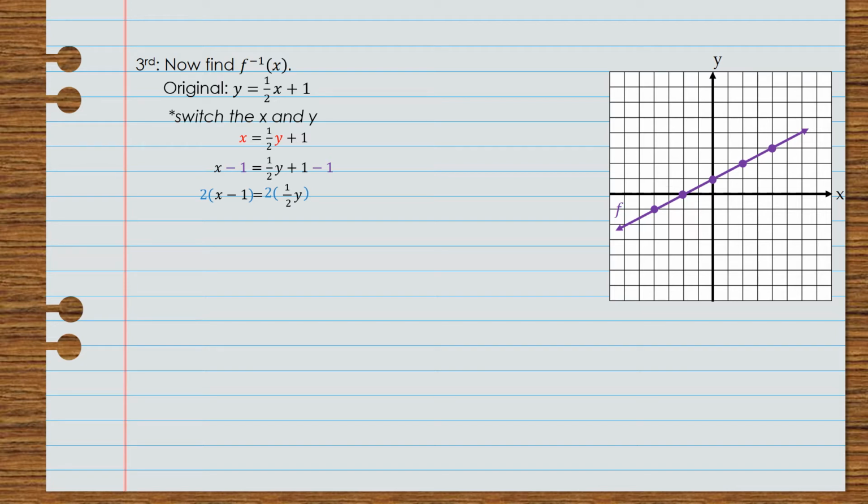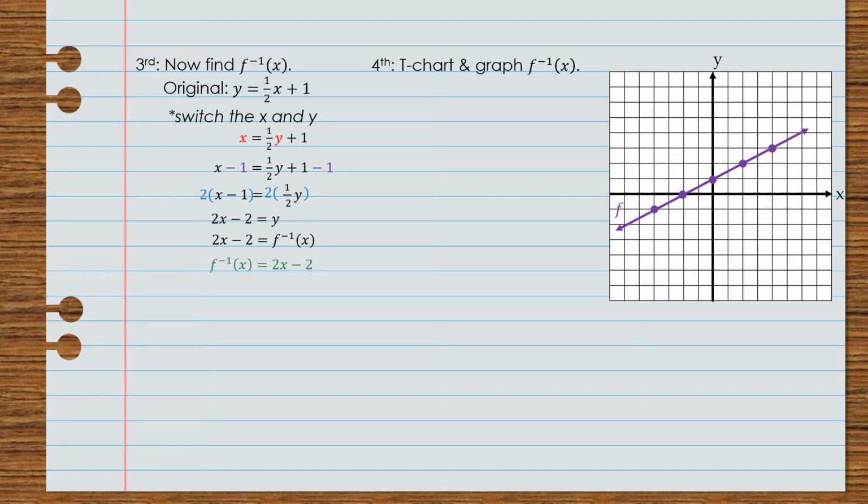And so on the left side, that looks like the distributive property, which becomes 2x minus 2 equals y, because the 2's reduce. And so notice y is now isolated. That's great. But now we want to write it in function notation. I cannot call this f of x because it's not the original. Instead, because this is the inverse, I must write it as such. So f inverse of x equals 2x minus 2.